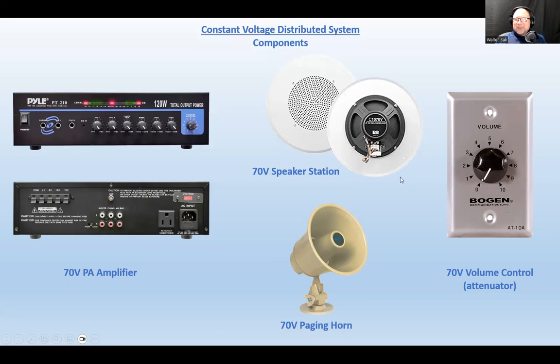So instead of connecting the speaker station straight to the line, you would be connecting that line into the volume control input terminals, and from the output of the secondary winding of the transformer at the back of this volume control, it would go to the speakers.